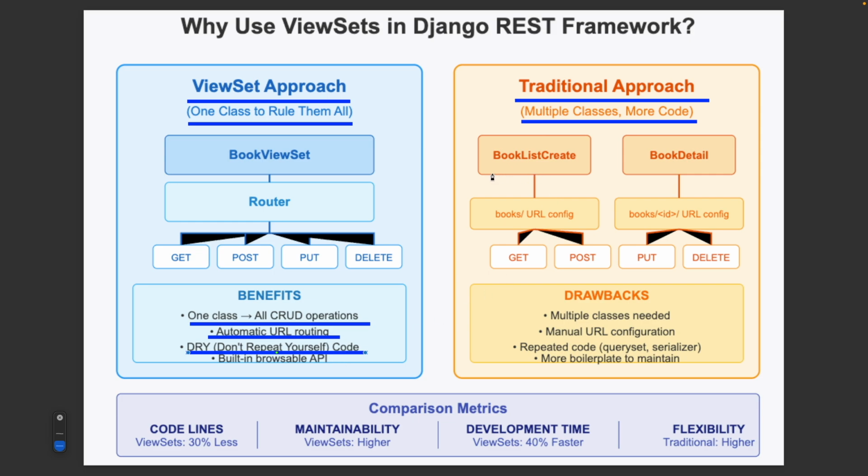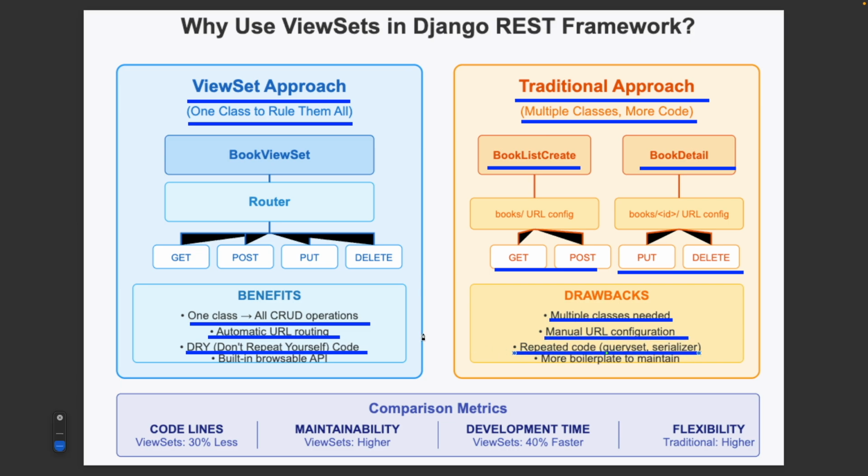But for this one, we have to create our own customized create and all the details, and handle all the different HTTP methods. We definitely need more classes. We have to manually figure out the URLs, and we have repeated code.